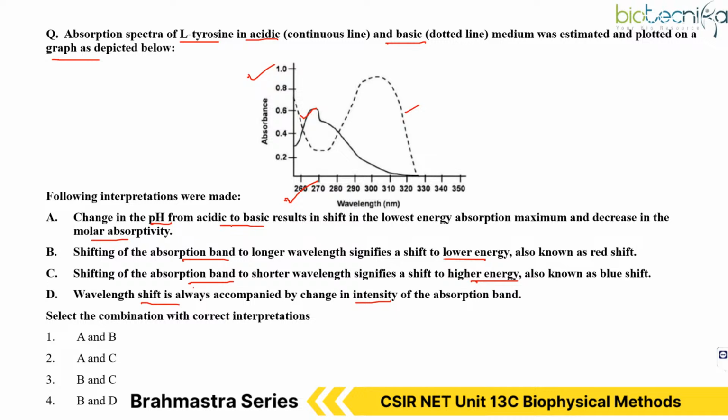But definitely, you need to be familiar with terms like what is redshift, what is blue shift, what happens when the absorption band shifts to longer wavelength, so whether the energy increases or decreases, or when the absorption band shifts to shorter wavelength, so energy increases or decreases. These basic concepts should be clear to you. Then only you can answer this question. This question is not very difficult if you are familiar with these terms and if you know how to read this graph, you can easily answer it. So please solve everyone.